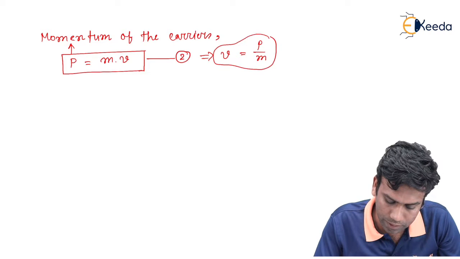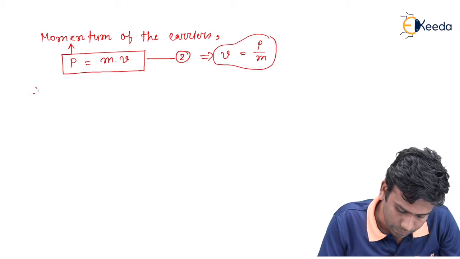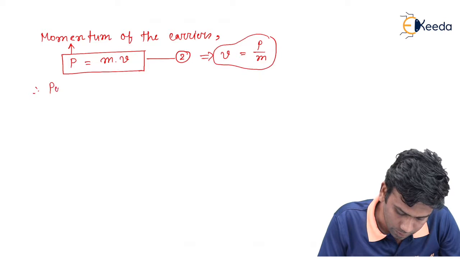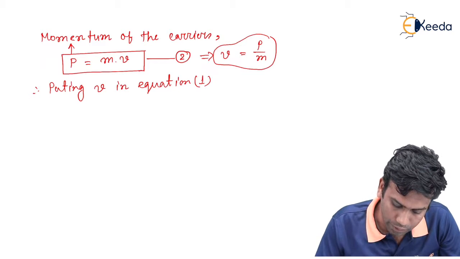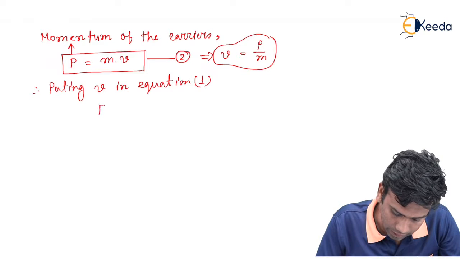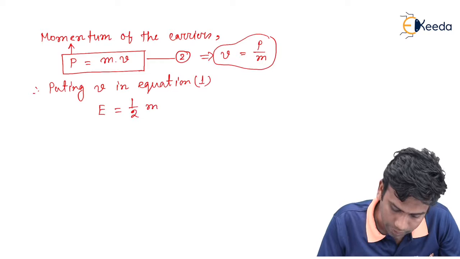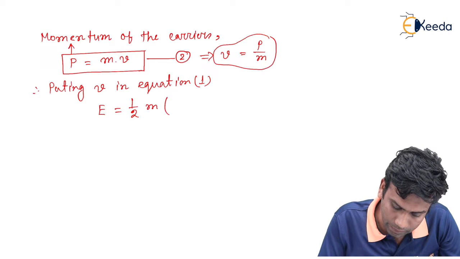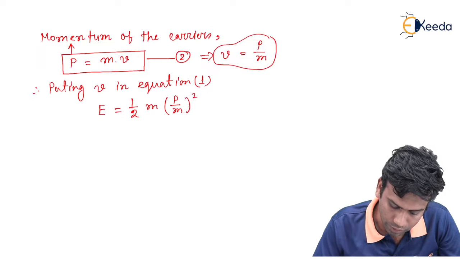Now if we put this velocity value in equation 1, then we will have that E equals half m v square, and v is nothing but p by m, so p by m whole square.